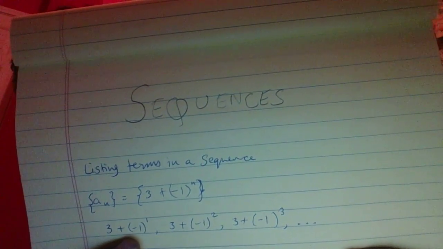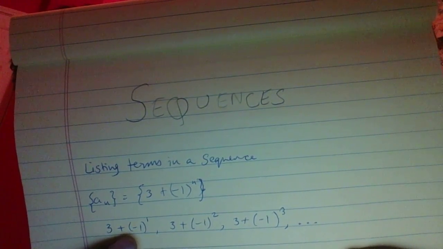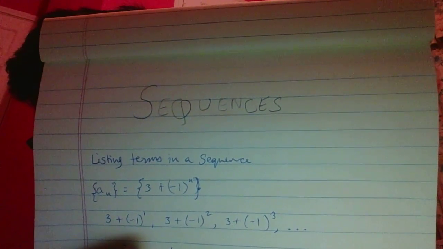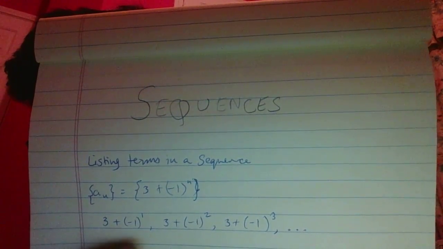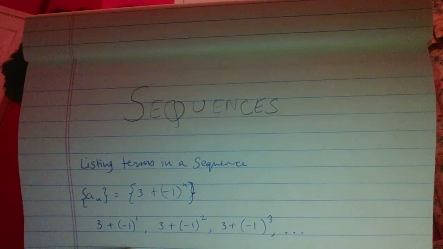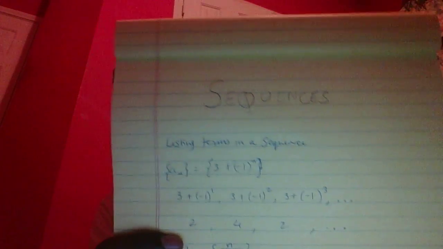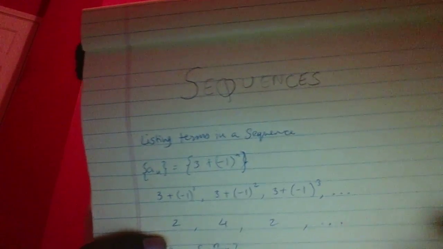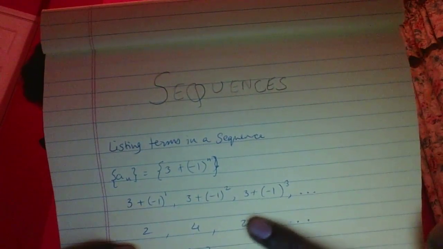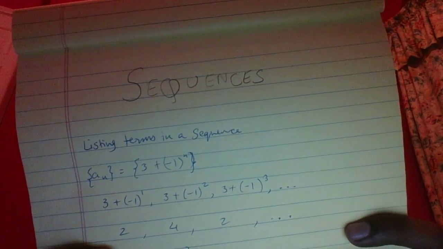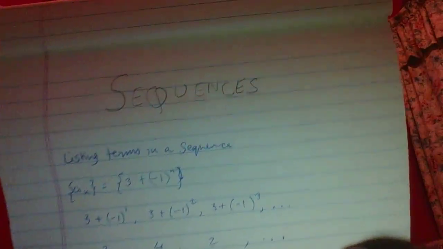So 3 plus negative 1 is 2, and then 3 plus positive 1 is 4. 3 plus negative 1 is again 2, and it's just going to keep going between 2 and 4, 2, 4, 2, 4, 2, 4. So there's a dot dot dot right here. So that's that.